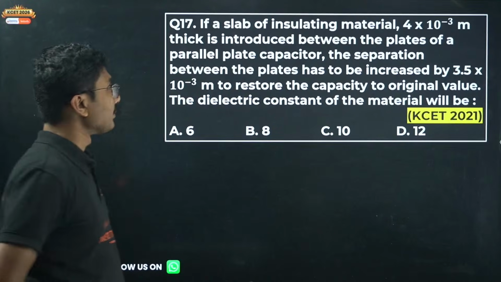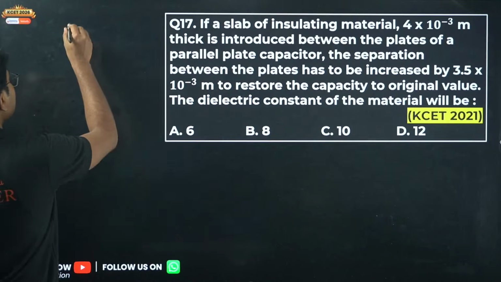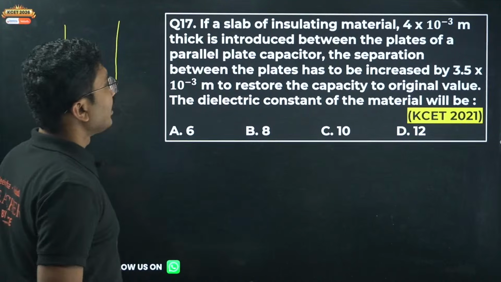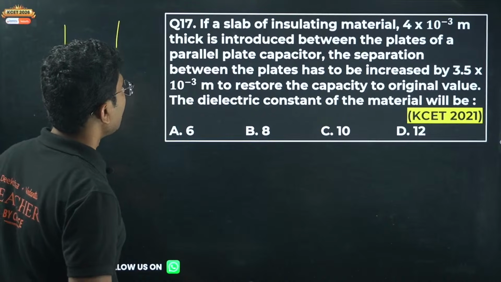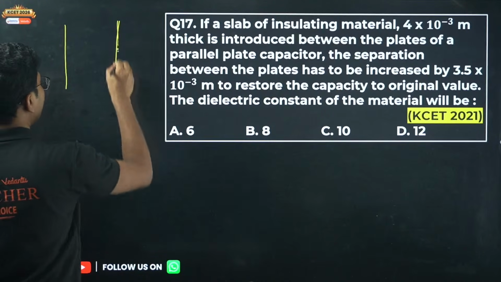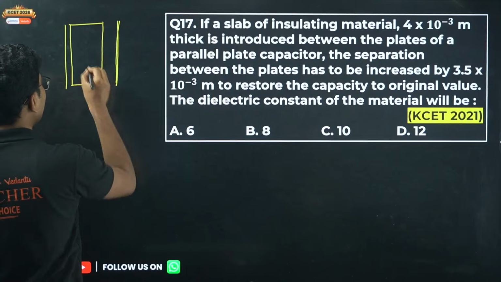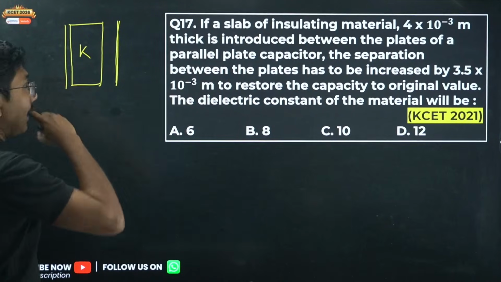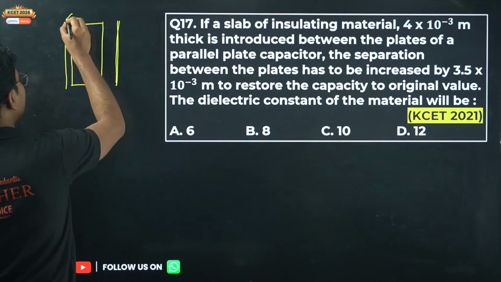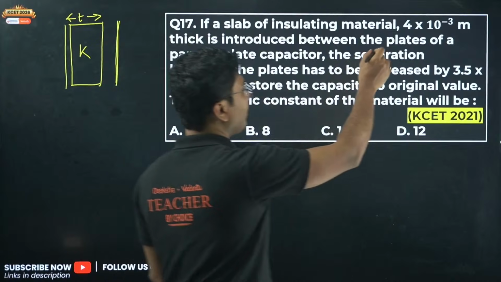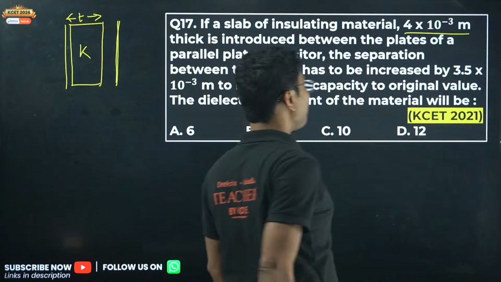Now answer this question. Here the question is, initially we have a capacitor. Now inside the capacitor plates we have introduced a dielectric slab, say of dielectric constant K. The thickness of the dielectric medium is T, which is given by this value, 4 into 10 to the power of minus 3 meter.